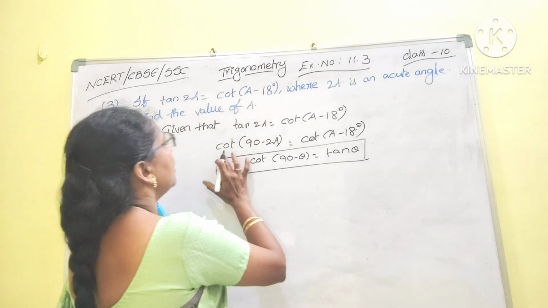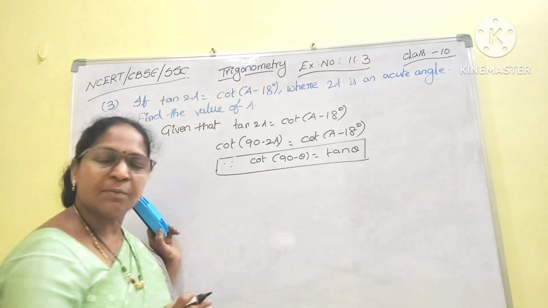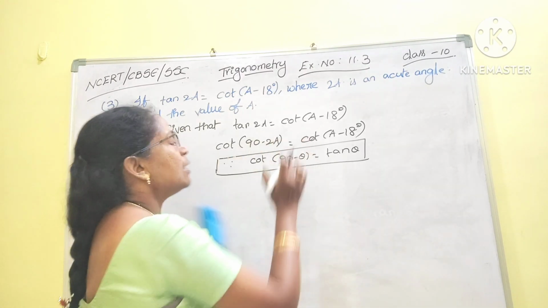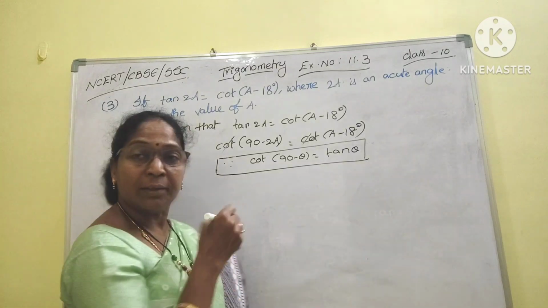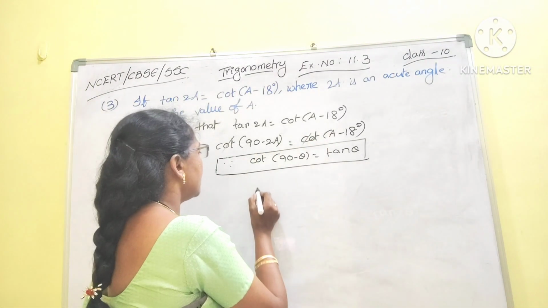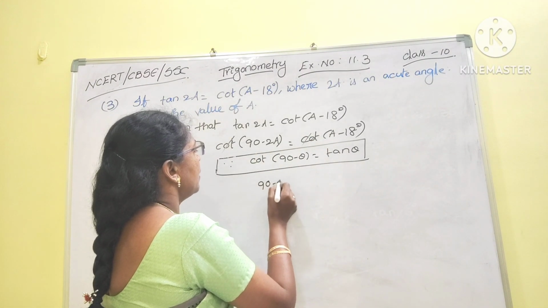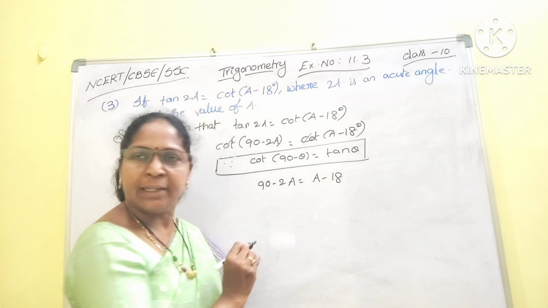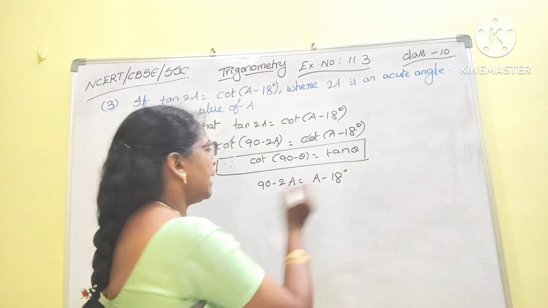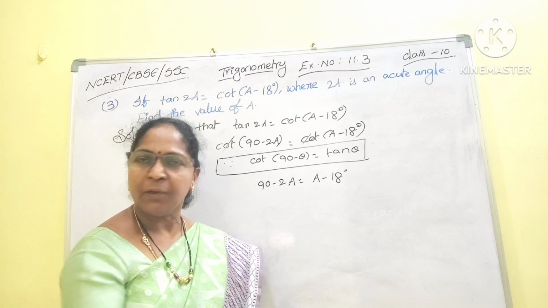Now observe the LHS and RHS terms. Both are the same trigonometric ratio, so you can cancel both cot terms, and now consider the angles: 90 minus 2A equals A minus 18 degrees. In this, A is the variable term that you have to find.